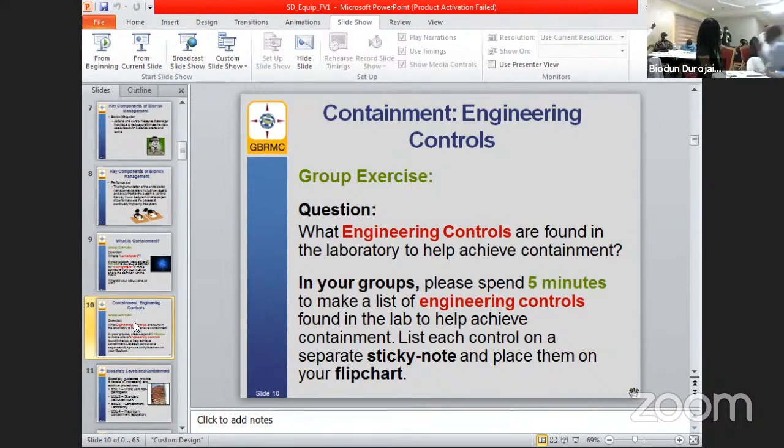The laminar flow issue, it's minimum. Yes. But it is also part of containment. Yes. Okay. Limiting.